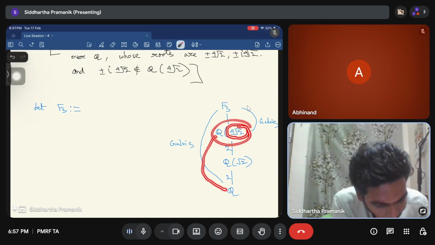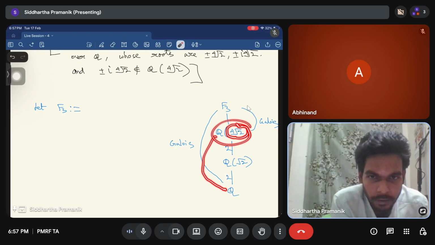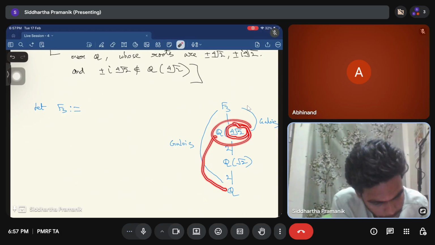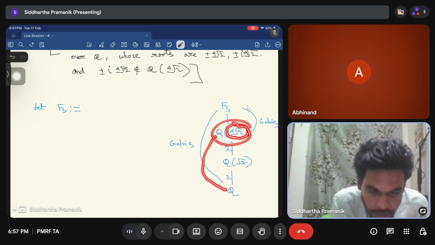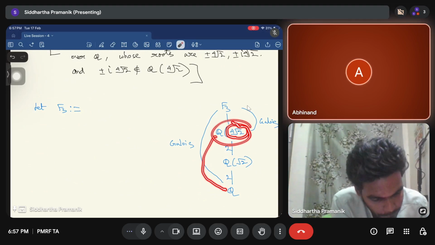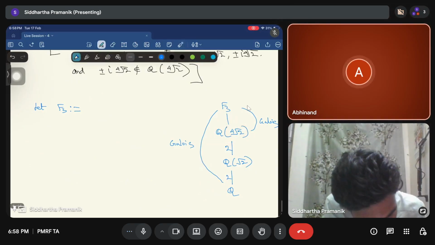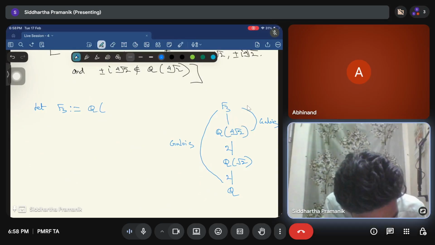So to add the conjugates, what more do we have to add? So we just have to add a primitive fourth root of unity, right? So we have to add i, basically. So let's take this as fourth root of 2 comma i.